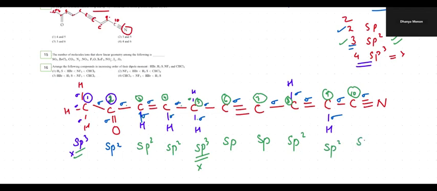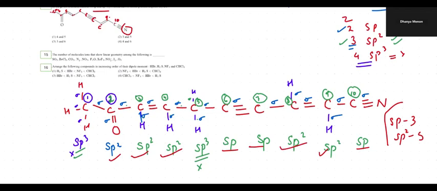Now, students, you have to tell me how many sp hybridizations there are. 1, 2, and 3. So sp is 3. sp2 is 1, 2, 3, 4, 5.